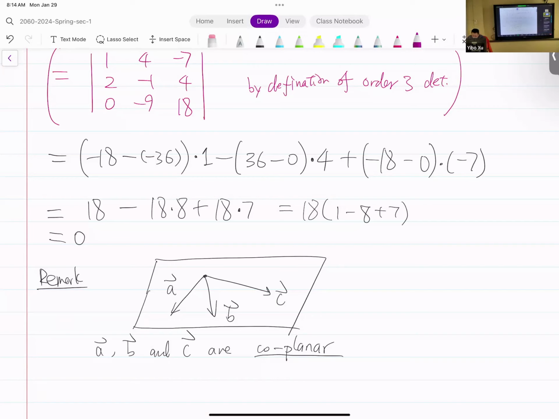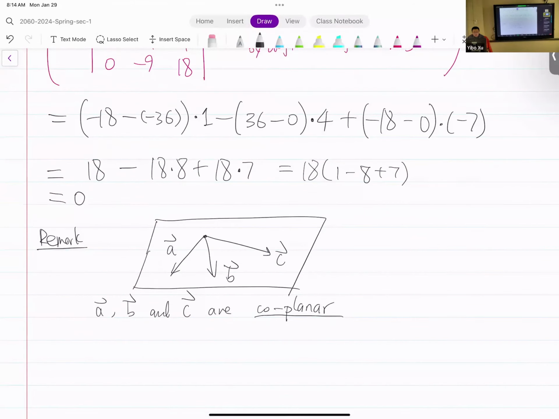So basically, once again, for a plane that contains B and C, if your A just points out of that plane, then definitely you will have a volume when you construct the parallelepiped. But now, since there's no volume, that tells you A is not really going outside of it.